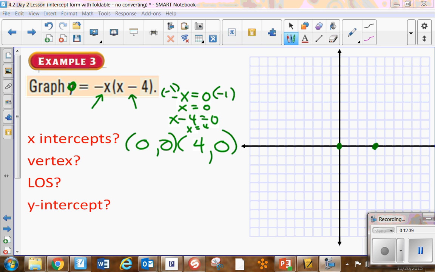Go to the middle. What is that, a 2? Or I could say this plus this divided by 2, 4 over 2, 2. You can do it either way. So my vertex is going to be 2, something. And my line of symmetry is going to be x equals 2.